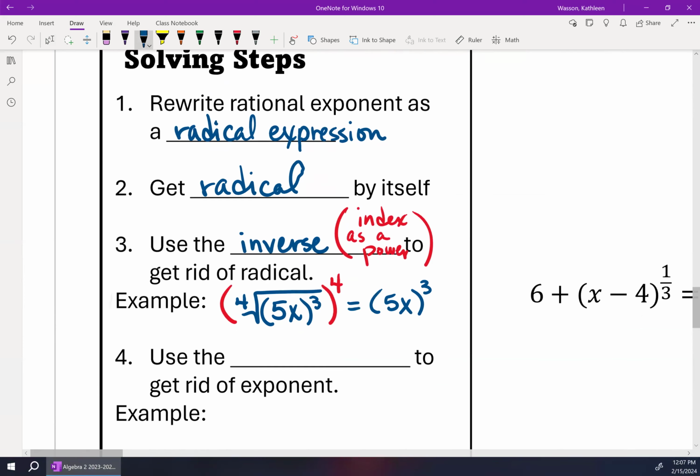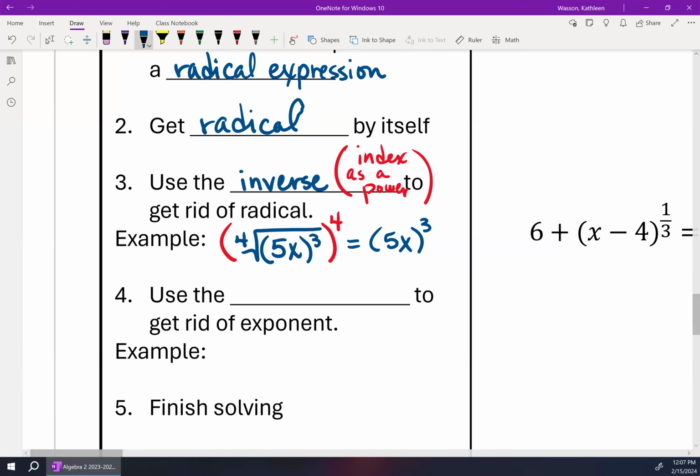The next step would be to take this exponent off, and to get rid of the exponent, I'll use the inverse operation. In this case, that means I will use a root. Root is opposite of exponent.